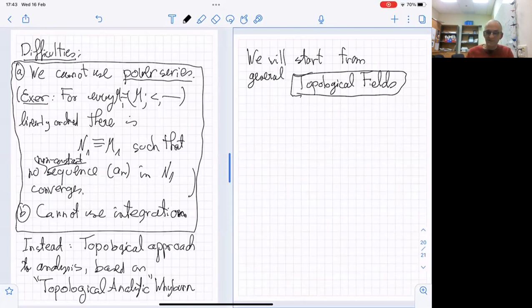Okay, so the plan is to start on Friday talking a little bit about topological fields, and then slowly converge towards the o-minimal setting.